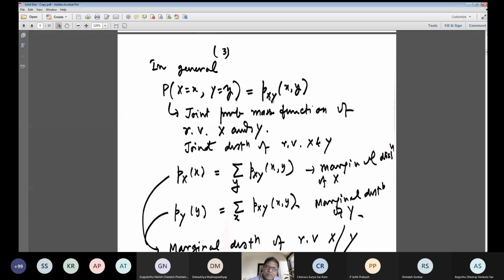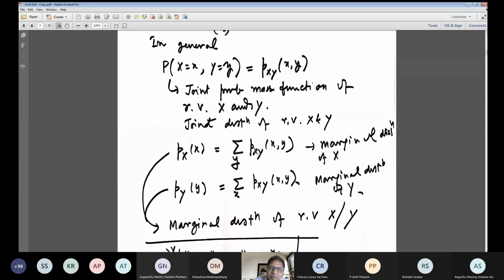It also represents the order, meaning X takes value x, Y takes value y. This function is known as the joint probability mass function of the random variables X and Y, or sometimes the joint distribution of X and Y.